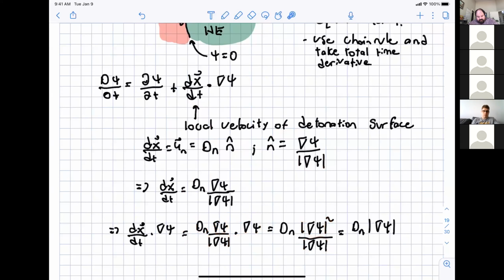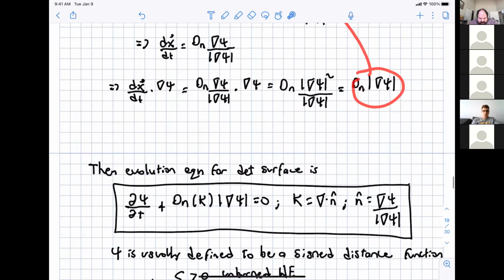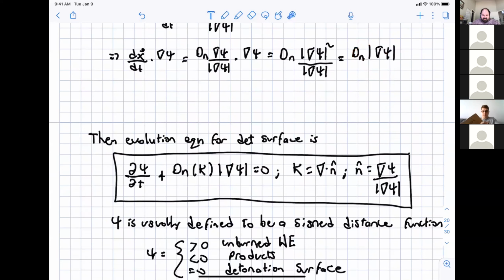And so this whole term just becomes the local normal component of the detonation velocity, which accounts for curvature, times the magnitude of the gradient of psi. We can substitute this in, and when we do that, we get an evolution equation for the detonation surface. That's just this equation here.